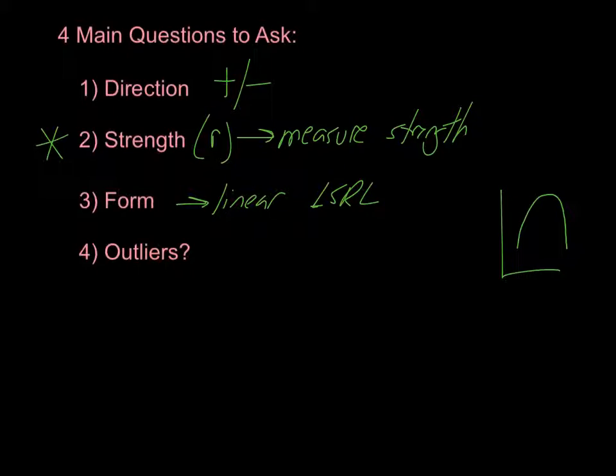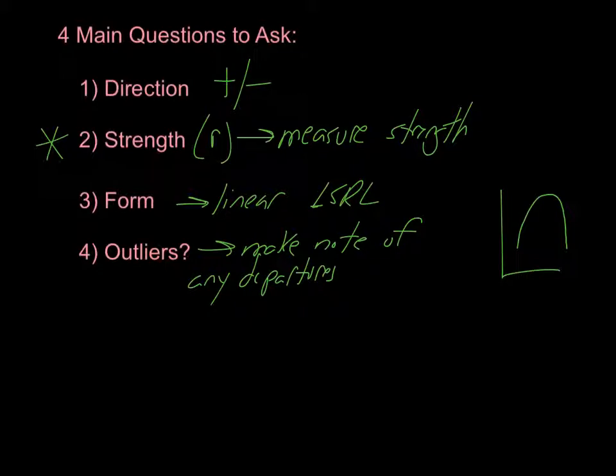And the last one, outliers, and I put a question mark here. You're just going to simply make note of any departures from the bulk of the data. So if you see a data point that just sort of stands out to you, you're going to make note of that.